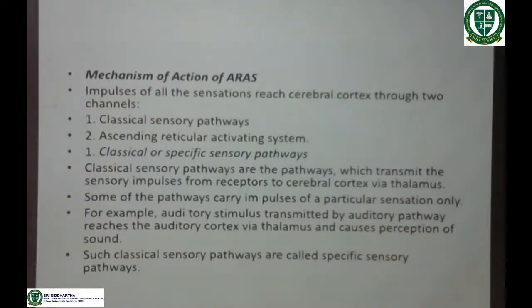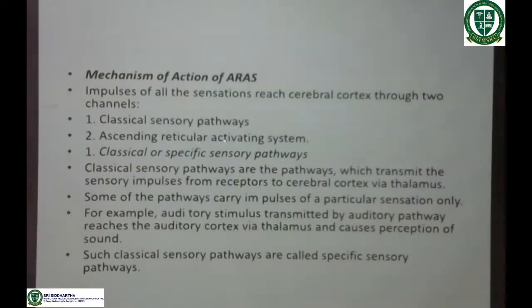After these functions, what is the mechanism? How does it act? The mechanism of action of the ARAS: the impulses of all sensations reach the cerebral cortex through two channels. One is the classical sensory pathways. Second is the ascending reticular activating system.